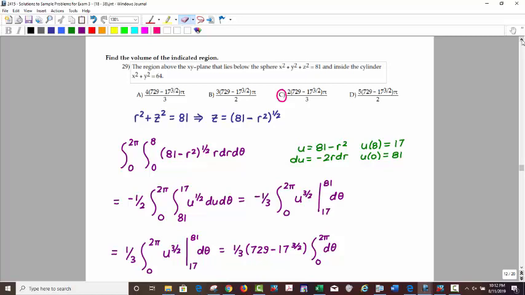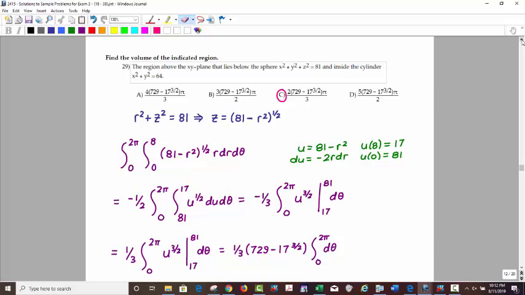So it's below a sphere, inside the cylinder. So you're looking at potentially spherical coordinates or cylindrical coordinates.